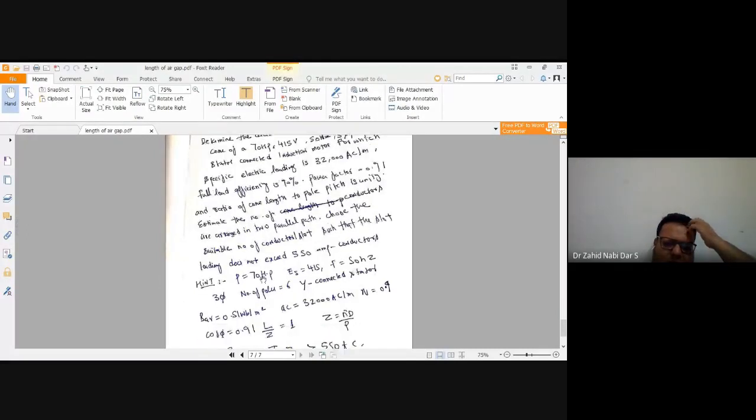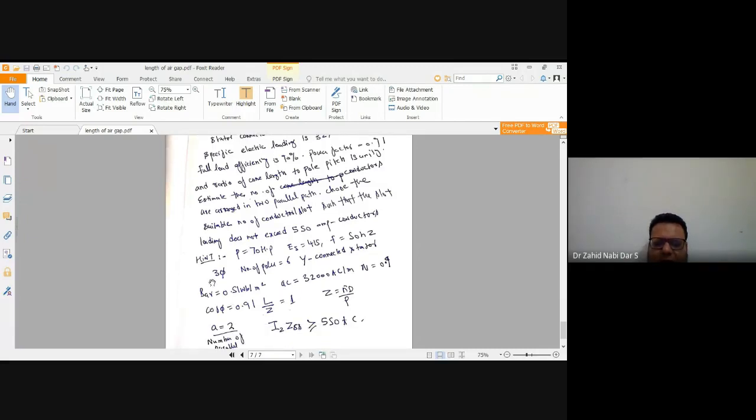The hint I have given: the rating is 70 HP. Your stator voltage is 415, but you have to be careful because it is star connected, so the voltage you have to take is 415 divided by root 3. Your frequency is 50 hertz. It is a three phase machine. Your number of poles is 6. It's a Y connected machine. Your average flux density, which is missing, you can take as 0.51 Weber per meter square.